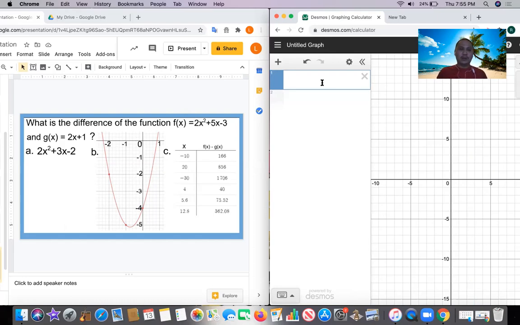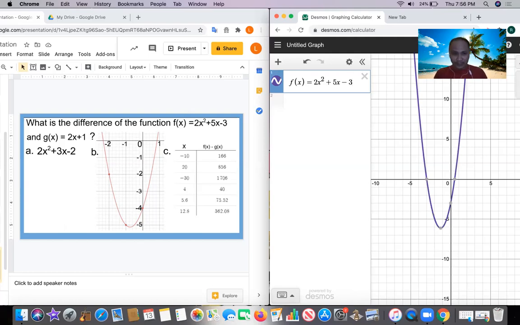So we have the first function. The name of the function is f of x. And the second function is g of x. So we will write this down. f of x equals 2x squared plus 5x minus 3.